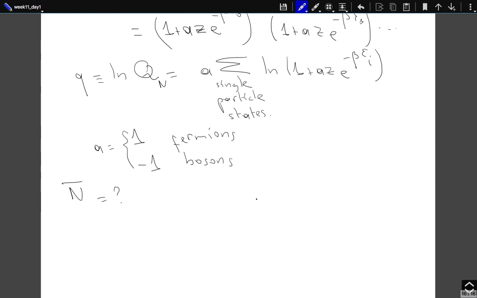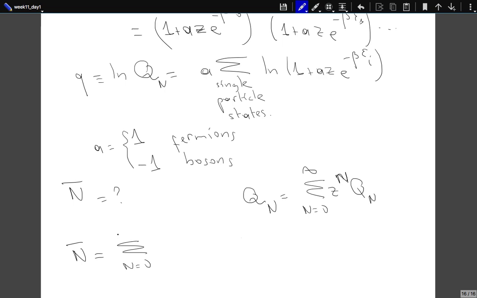Well, keep in mind that the grand partition function was the sum over n from 0 to infinity, z to the n times the ordinary partition function Qn. The average n is nothing but the sum over n from 0 to infinity, n times z to the power n Qn, divided by the grand partition function.